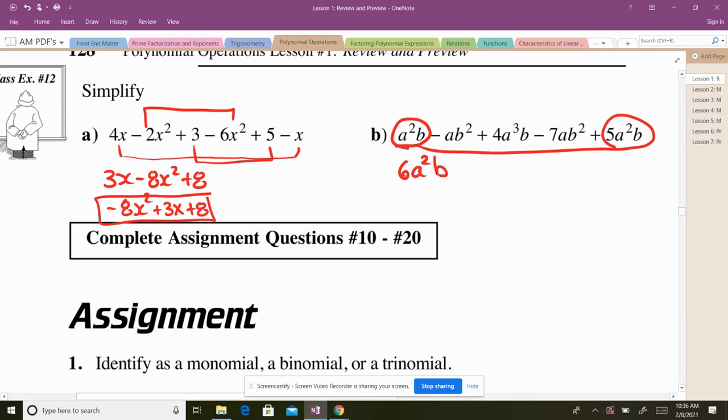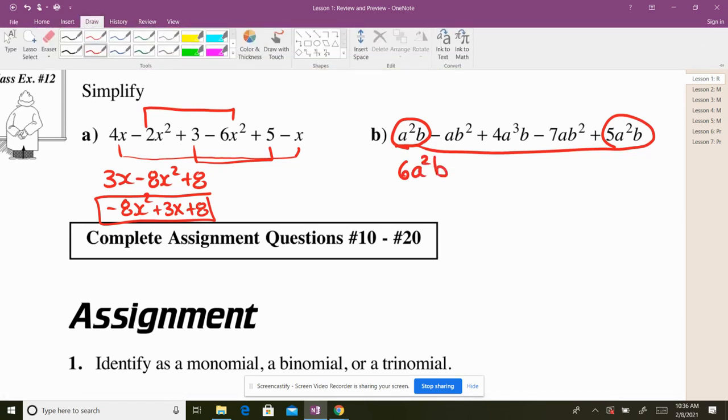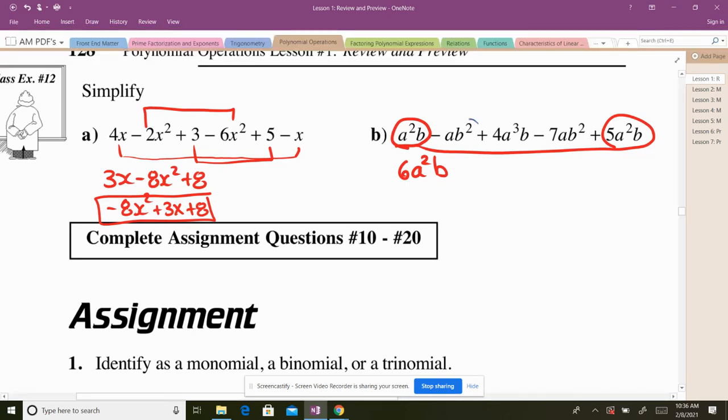And then we're going to do the negative AB squared and which one? That one, which gives me negative 8, right? Because it's negative 1 minus 7. And then the 4A cubed B, is there anything to combine it with? No. So you just rewrite it.